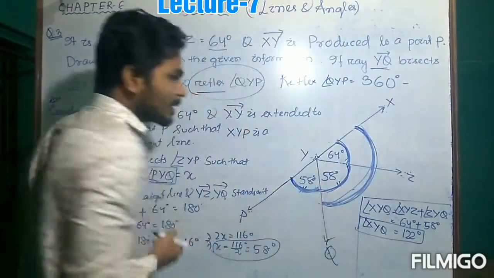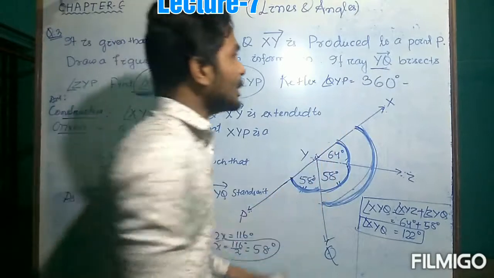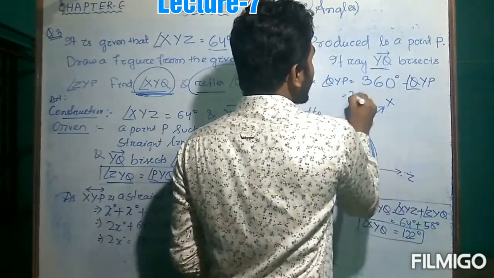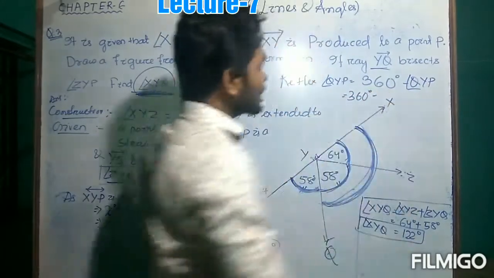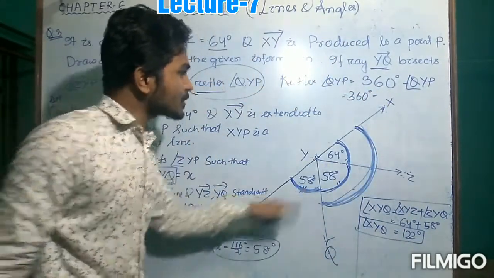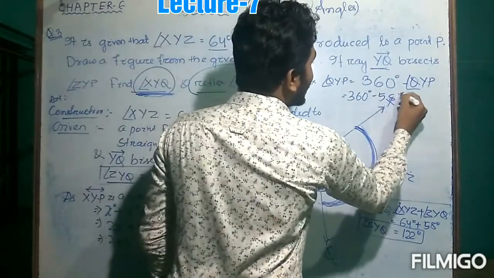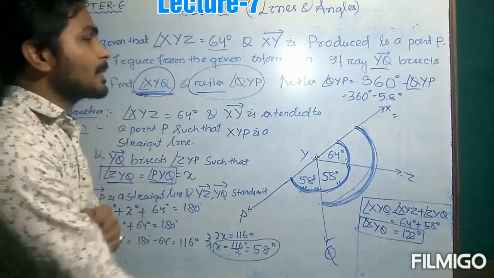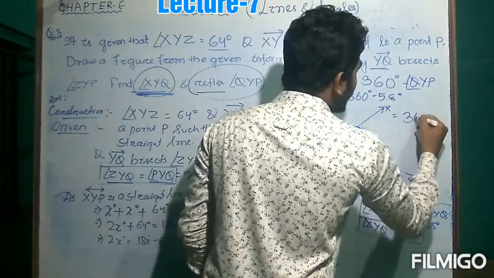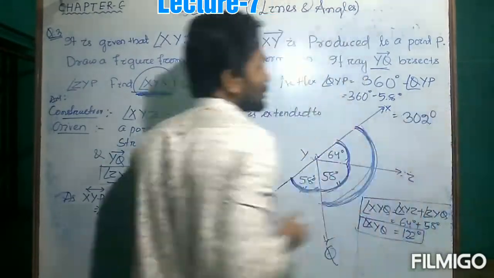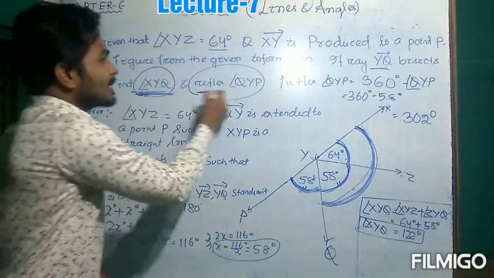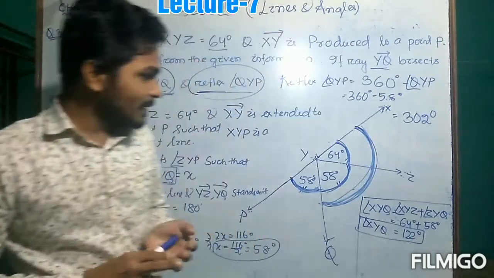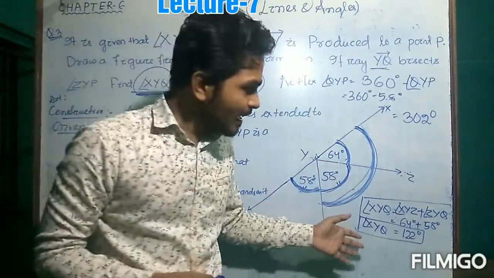That angle QYP, because this angle should be excluded. So 360 degrees minus QYP, which is how much? 58 degrees. Now subtract: 360 degrees minus 58 degrees is 302 degrees. Hence the value of reflex QYP is equal to 302 degrees. Understood? These are the two values that we needed to find.